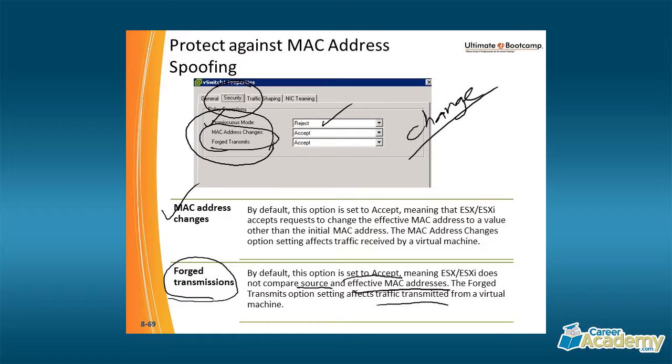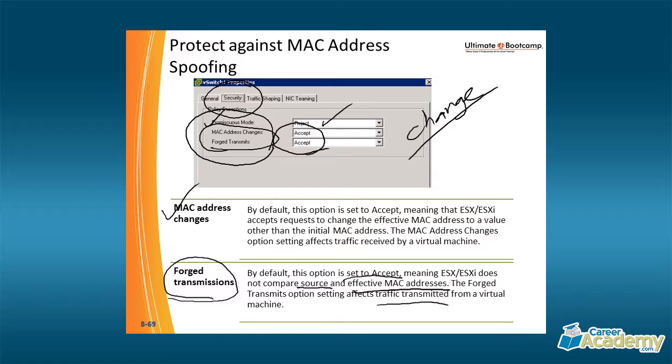Now, some of the attacks, especially the man-in-the-middle attack where we're doing some ARP cache poisoning and things like that, it doesn't matter if this is accept or reject. That's still going to function, it's still going to work fine, but it could prevent some other types of attacks where we're trying to spoof or gain access to specific devices.